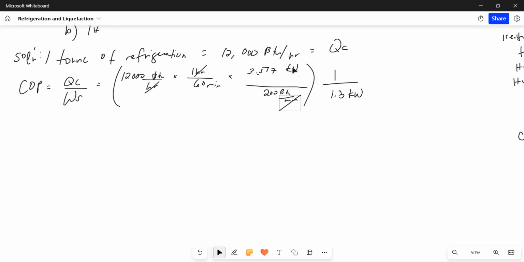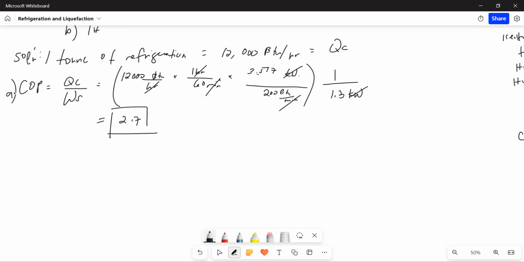So the conversion factor is 3.517 kilowatts is to 200 BTU per minute. Therefore, the minute would cancel and only kilowatt will remain. We also cancel that. COP is dimensionless, and the answer is 2.7 for letter A.